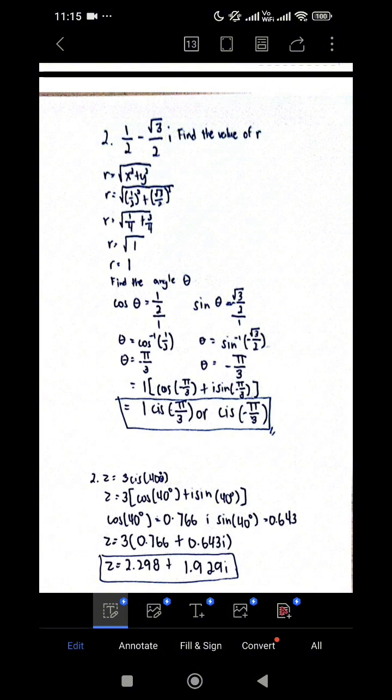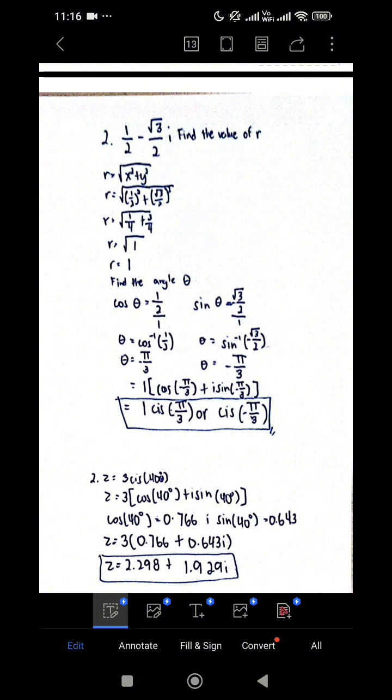Then find the angle theta, which is the same as earlier, so we just substitute the value. So cosine theta is equal to 1 over 2 over 1. Then theta is equal to cosine inverse of 1 over 2. Then theta is equal to negative pi over 3.